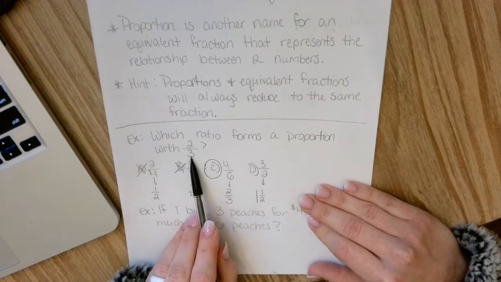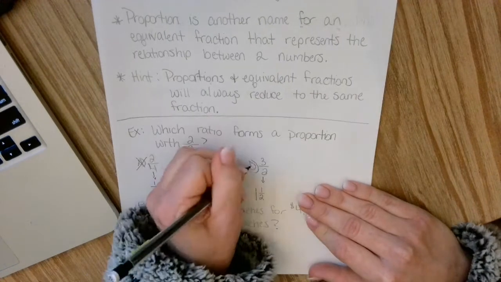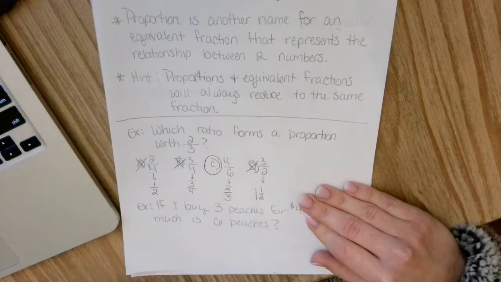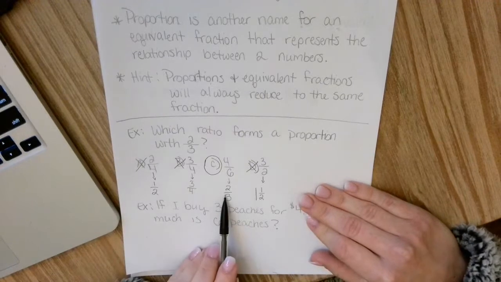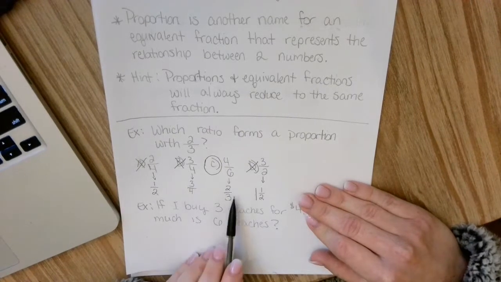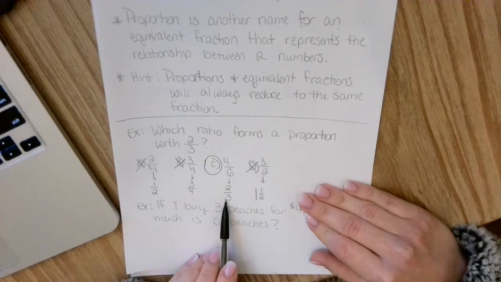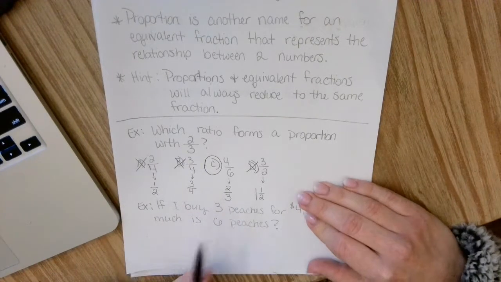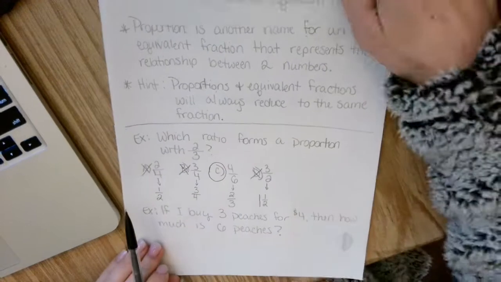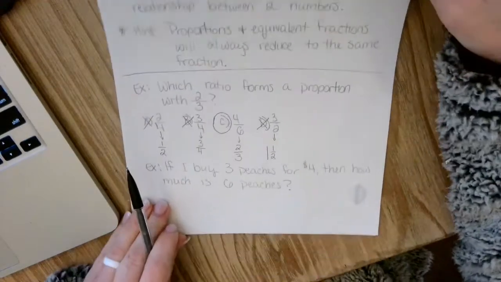It's not the same fraction. So D cannot be my answer either. C is the only one that reduces down to 2/3, so C is the correct answer. Not too bad, right? Now let's look at another example.